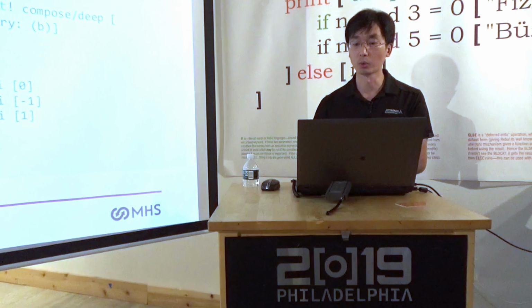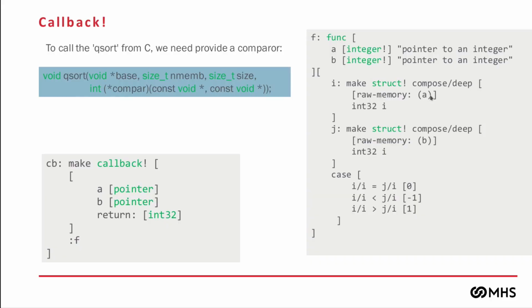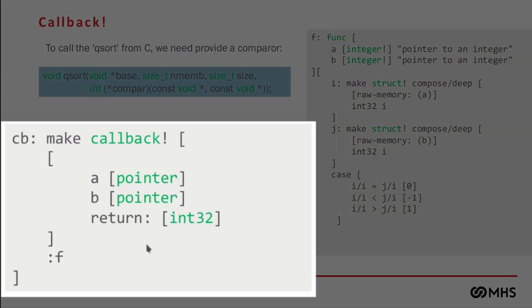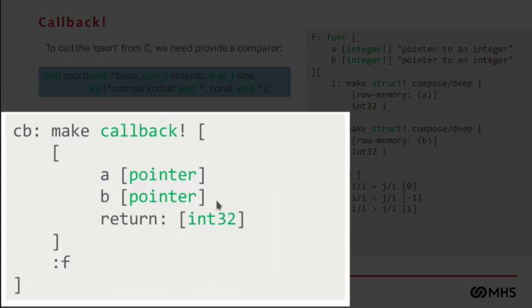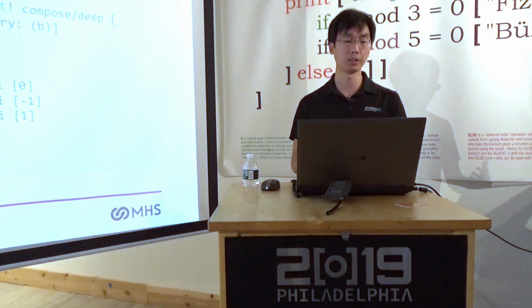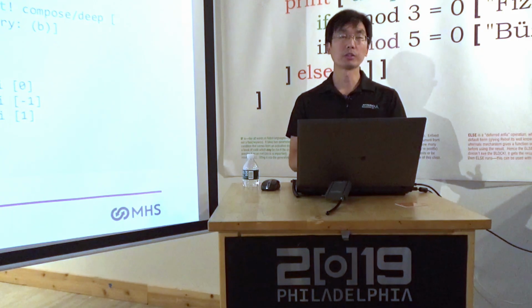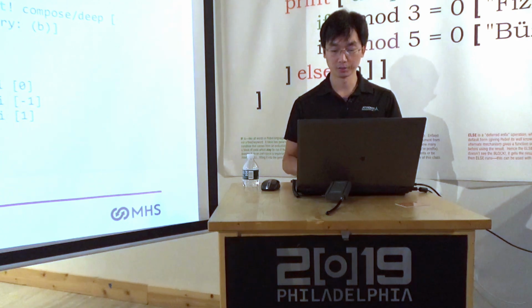Here I'm using the raw memory attribute to retrieve the data behind that pointer, and then just compare them and return 0, -1, or 1 for equal, less than, or greater than. And this is just a wrap around this Rebol function to make it a callback so that C can call it.